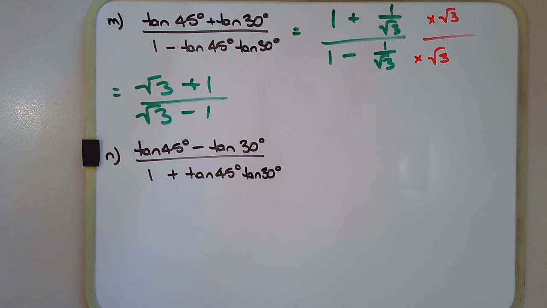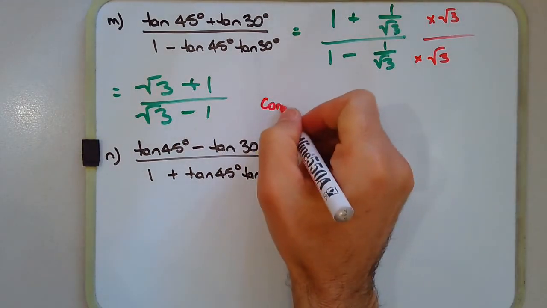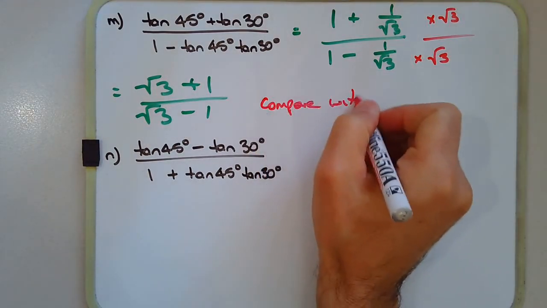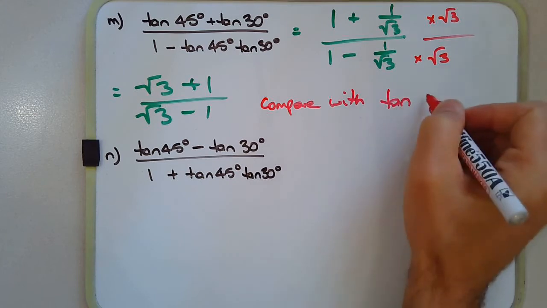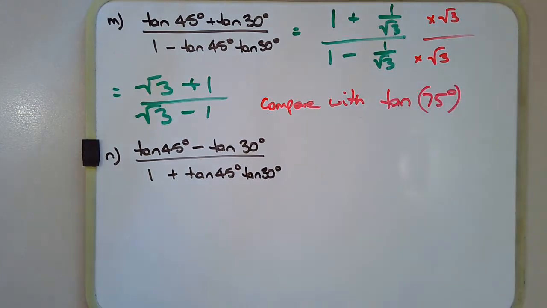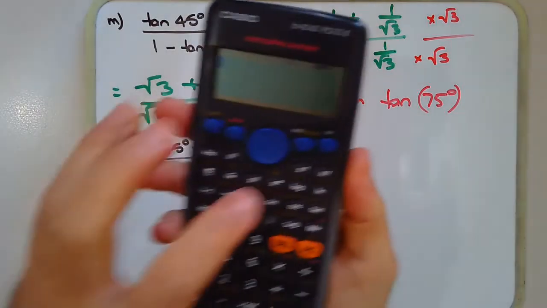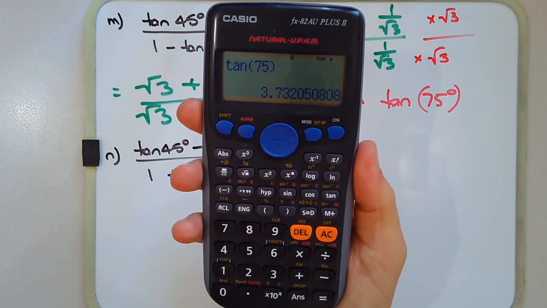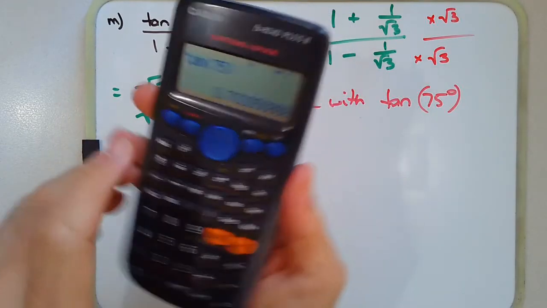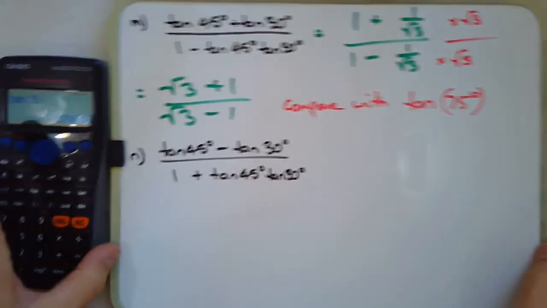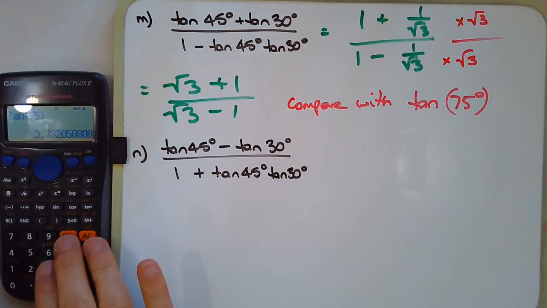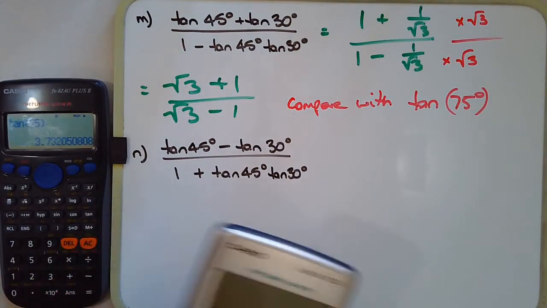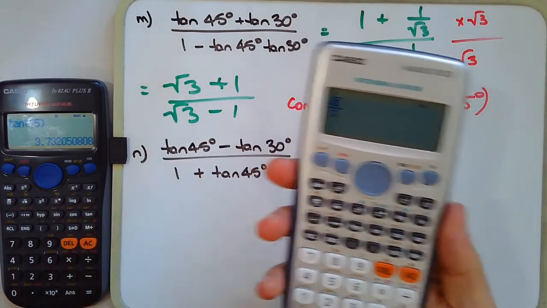Try this. Compare with tan of 75 degrees. What do you get? Let's try that. Tan of 75 degrees is 3.732 or thereabouts. And what about this ratio there?